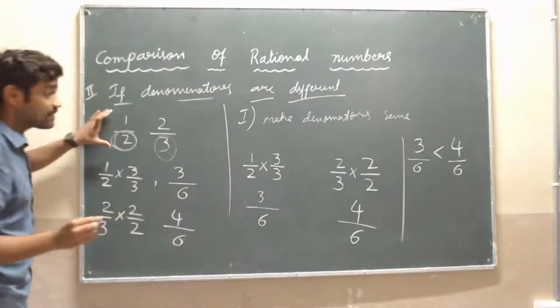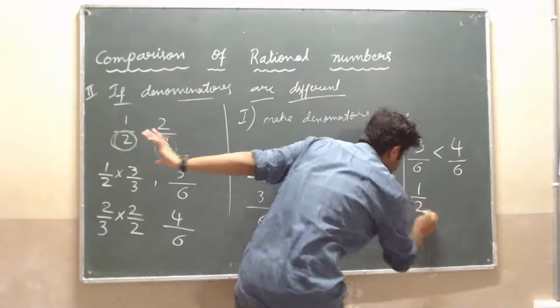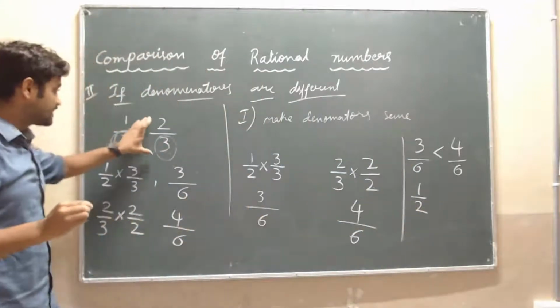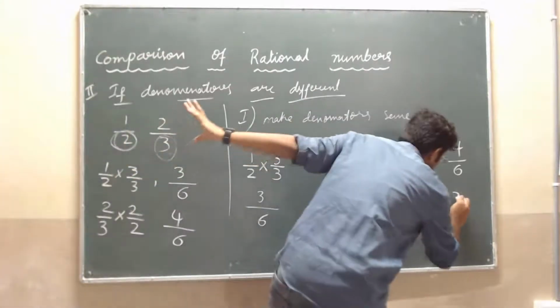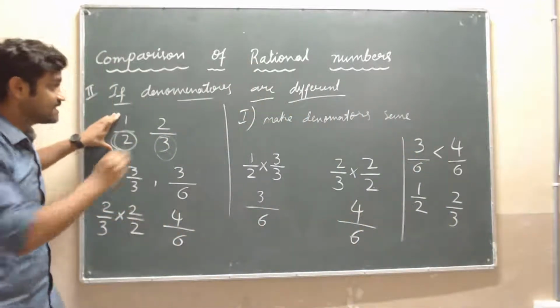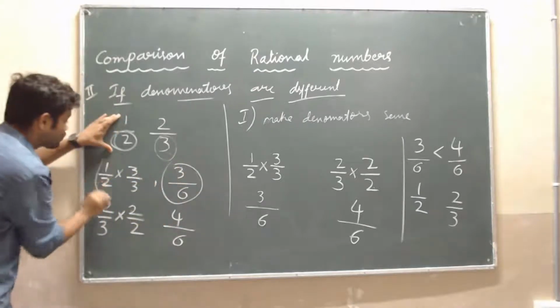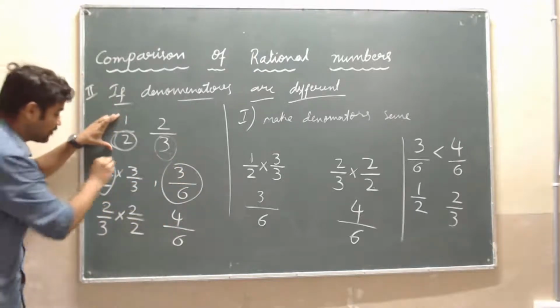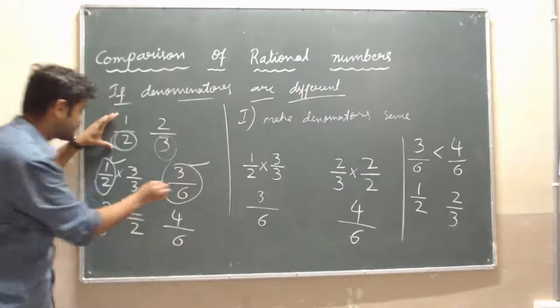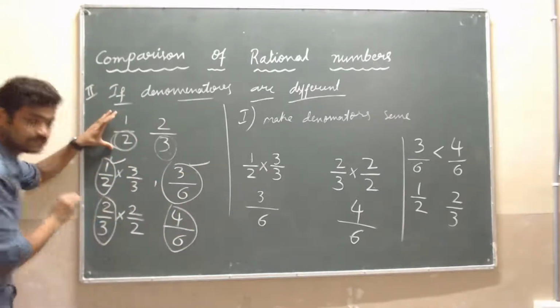See here, first number is 1 by 2. Write it here, 1 by 2. And second one is 2 by 3. Whose answer is 3 by 6? 3 by 6 is the answer of 1 by 2 and 4 by 6 is the answer of 2 by 3.